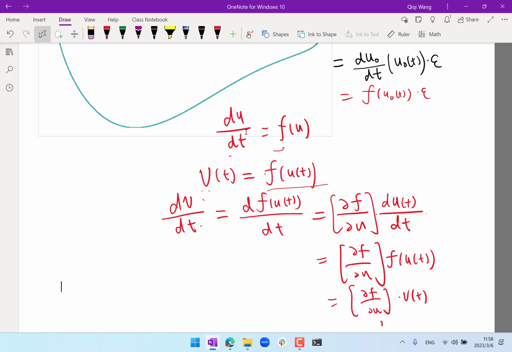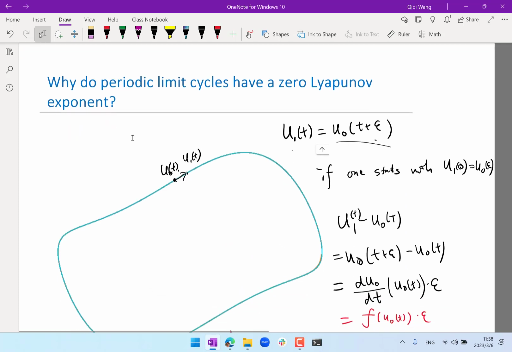At the end of the day, there is definitely going to be a 0 Lyapunov exponent, as long as the trajectory doesn't go to a fixed point and doesn't go to infinity. That means we have the 0 Lyapunov exponent, not just for periodic limit cycles, but also for chaotic systems that settle onto a strange attractor.